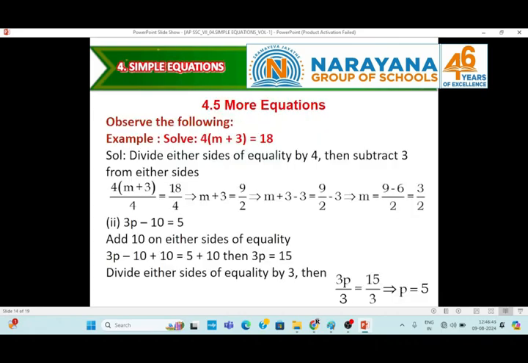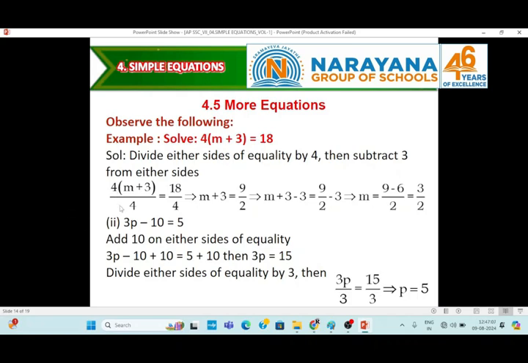So the next subtopic is 4.5, more equations. So observe the following. Solve 4 into m plus 3 is equal to 18. As 4 is a multiplier to m plus 3 in LHS, divide either side of the equality sign by 4, then subtract 3 from either side.